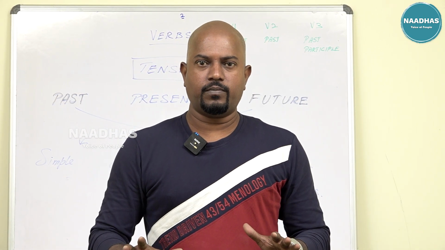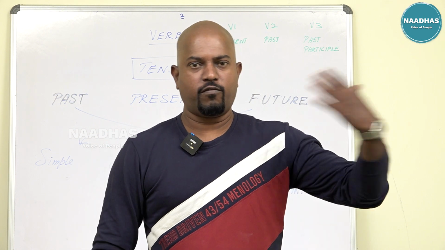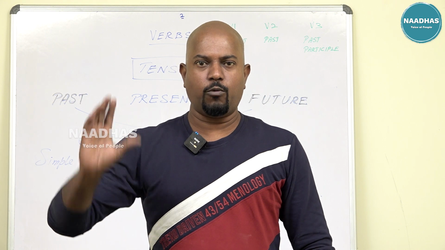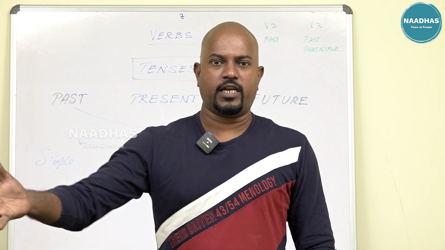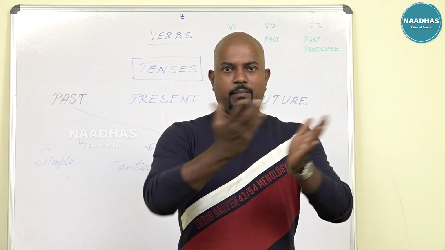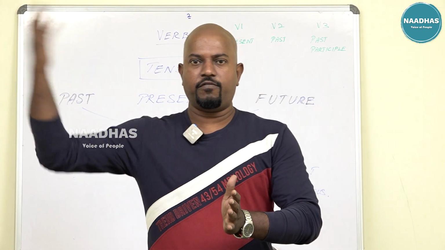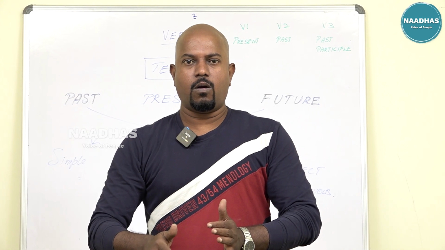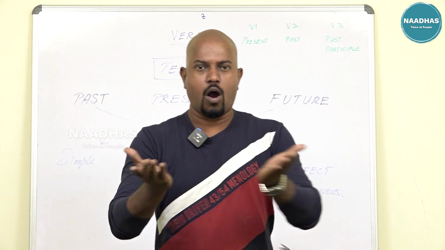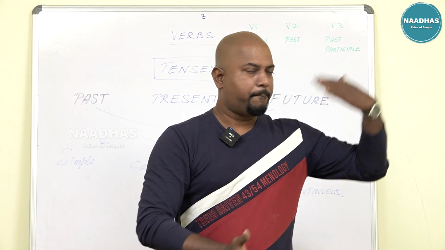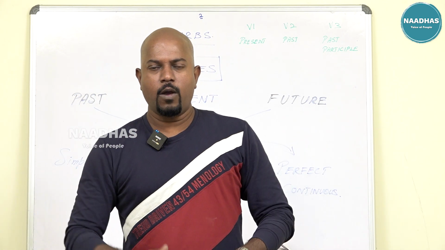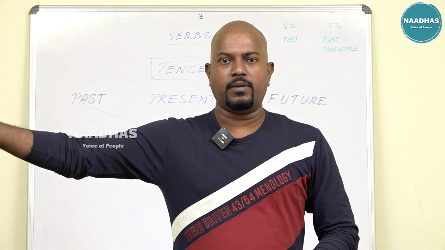Right? So earth is earth before 1,000 years, 10,000 years, present, and in the future it will be earth. So there is no change. But in case of verb, you cannot put the present in the past, or tell the future in the present, or the present in the future. You have to put it in the proper timeline. The past tense, which has already happened, the present happening right now, and the future will happen or shall happen.